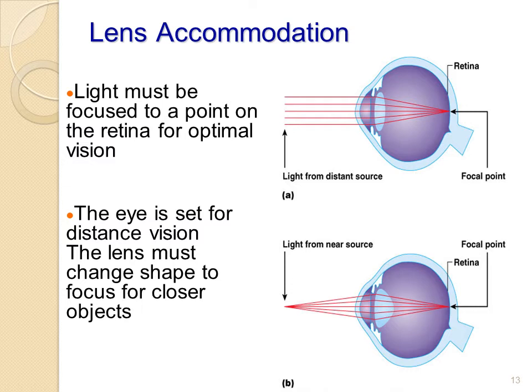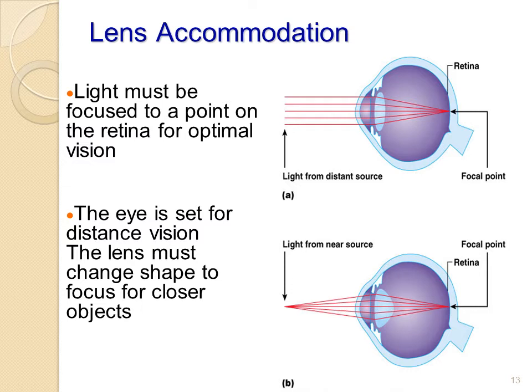Light must be focused to a point on the retina for optimal vision. Now, light from a distant source, in case A: you can see the light must be focused to the point on the retina for optimal vision. In case B, the eye is set for distance vision, and the lens must change shape.